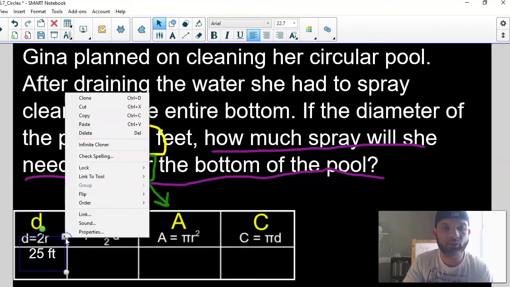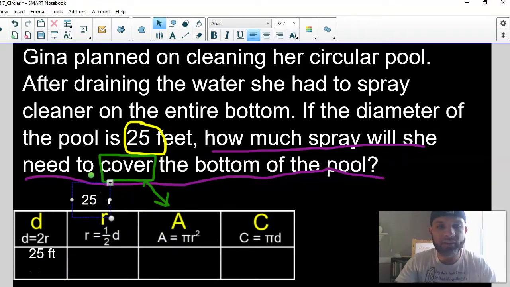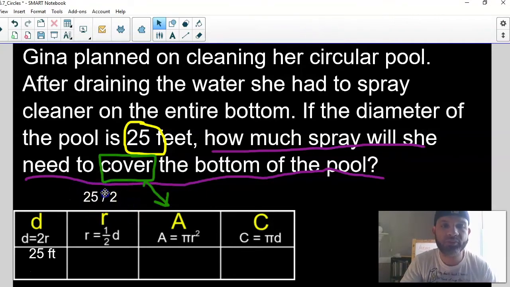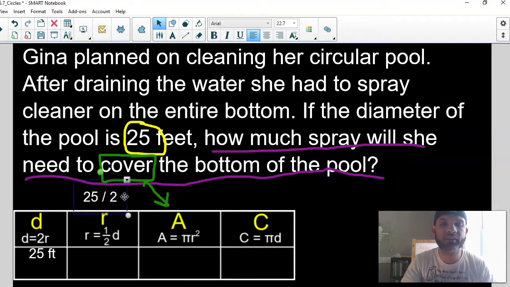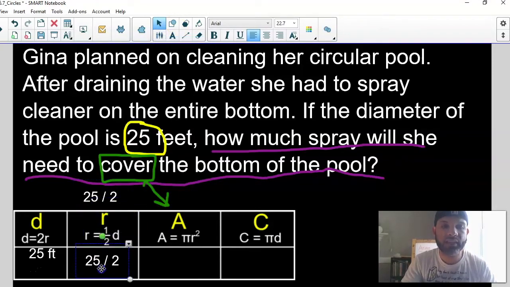And then the radius is half of that. So what is half of 25? In other words, what is 25 divided by 2? Well, if you use your calculator, you'll see that 25 divided by 2 is 12.5. So our radius is 12.5 feet.